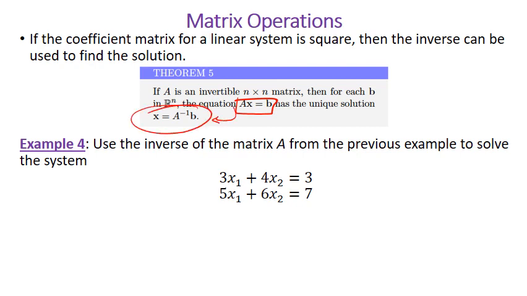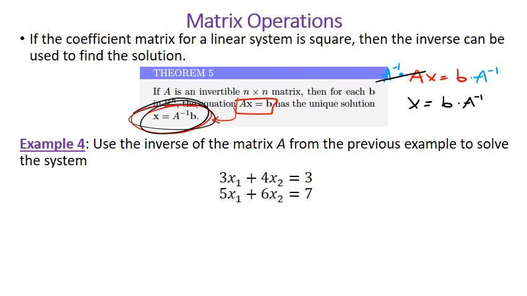Now, if you think about it, if I have AX equals B, to get X by itself, I can multiply by the inverse of A. And then these would cancel out, leaving me with X equals A inverse times B. Well, that's exactly what I have here.